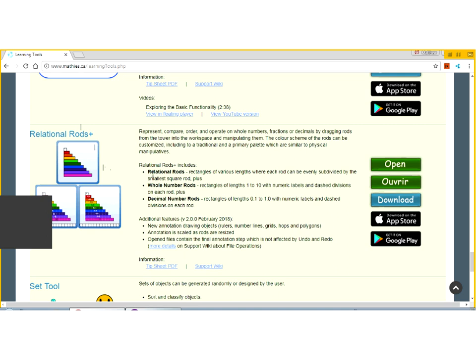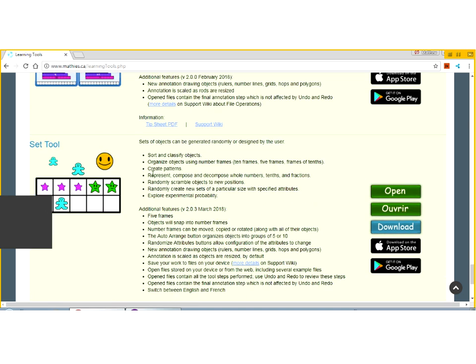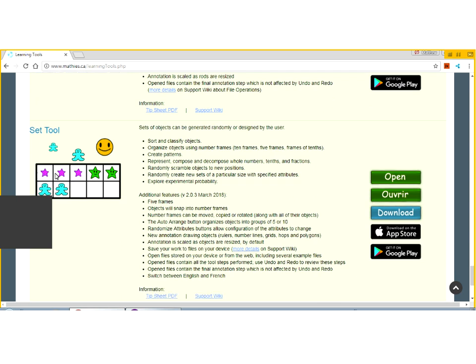And then lastly, there's the set tool. So a big point made by, I suppose particularly by Marion Small in her books and others, kids don't tend to think of sets of different objects as having fractions. For example, in the picture, 3 stars.